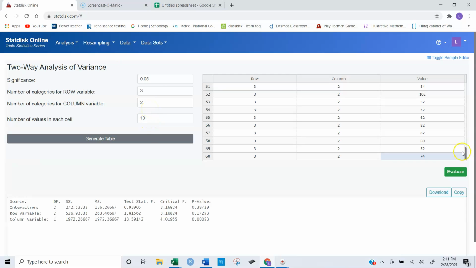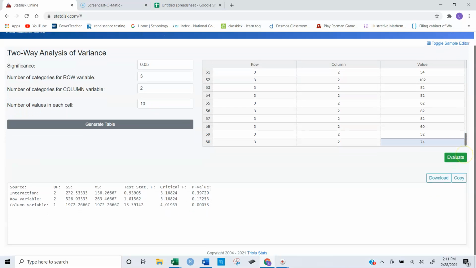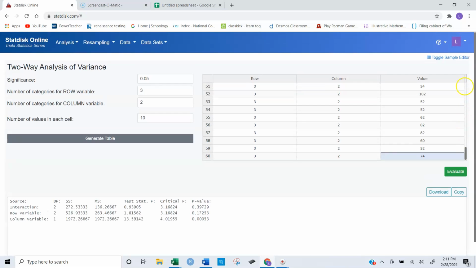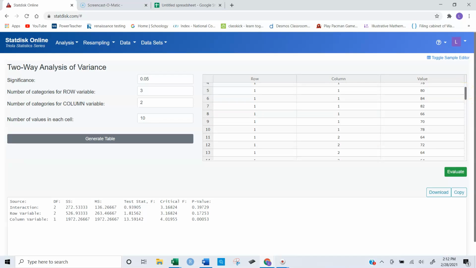Now when you look at this, you've got to fill in this third column, hopefully. Like here, it goes row 1, column 1. In row 1, column 1, I have these 10 values, so make sure you enter them. As you go down, the next 10 are, well, there we go.